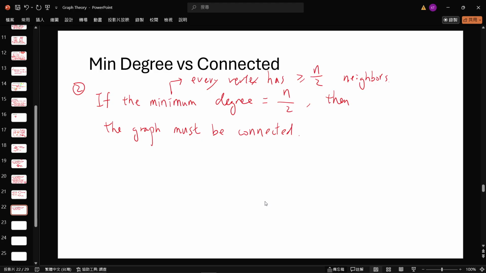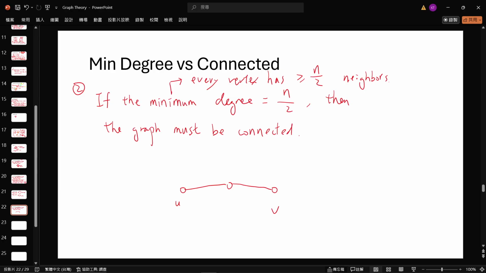Even though we cannot ensure there's always an edge between any two vertices, like in a complete graph, we can show that if there's no direct edge between u and v, you can always find a common friend, a common neighbor of these two vertices.